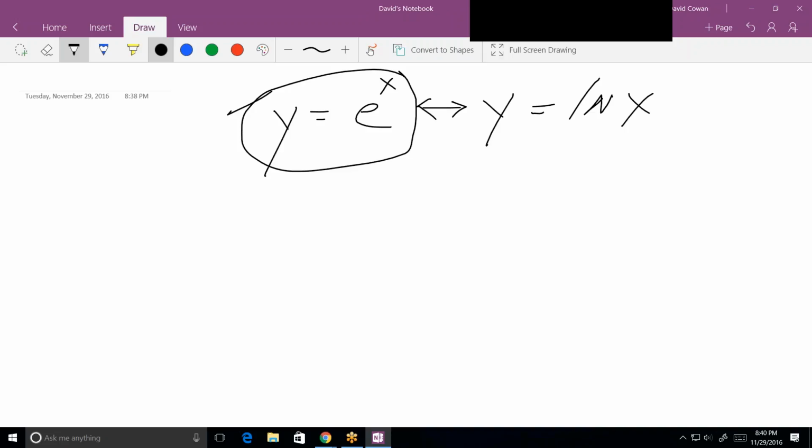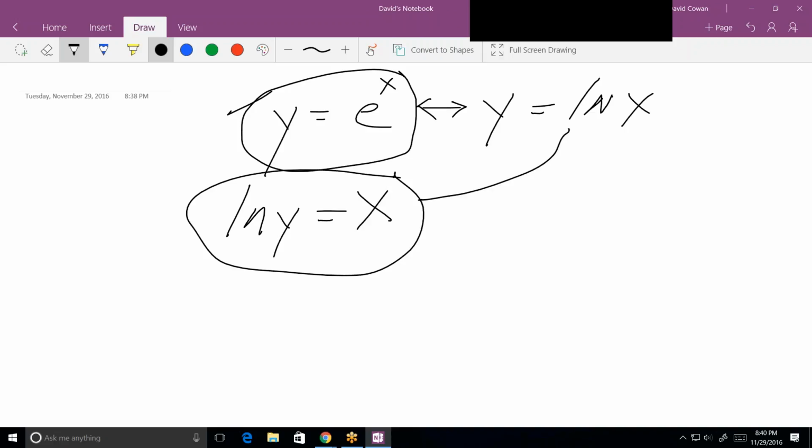Natural log of y equals x. Yeah, natural log of y equals x. Notice that is not the same as the inverse at all. That is a little confusing. That's y equals natural log of x. This is x equals natural log of y.